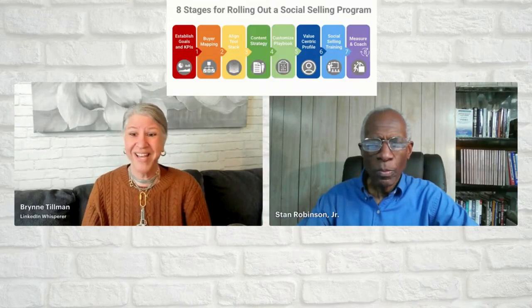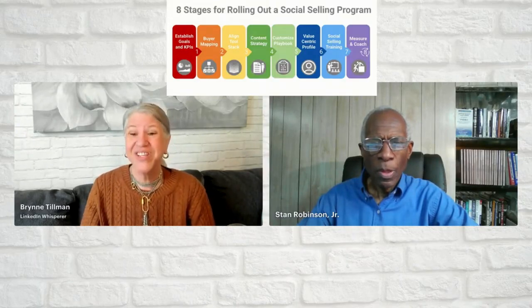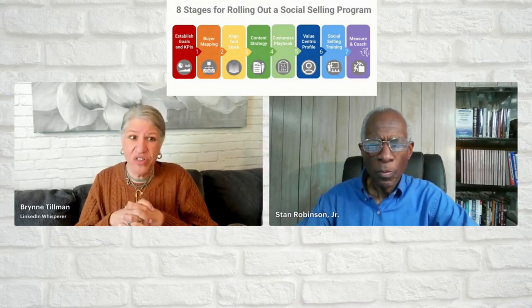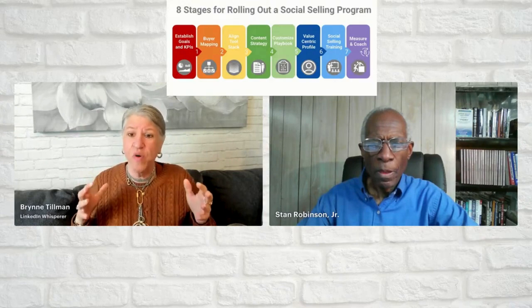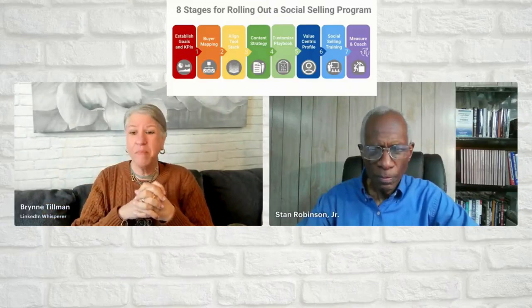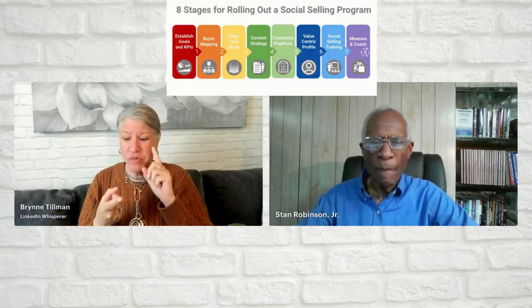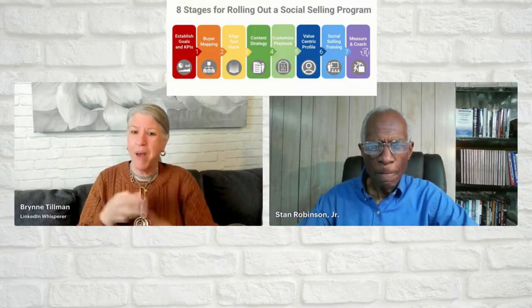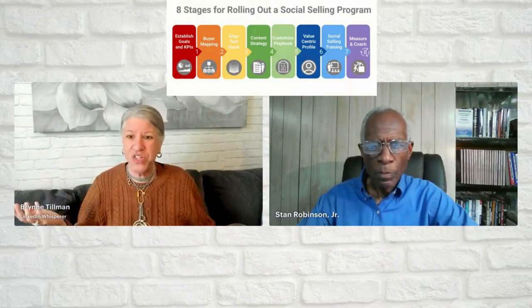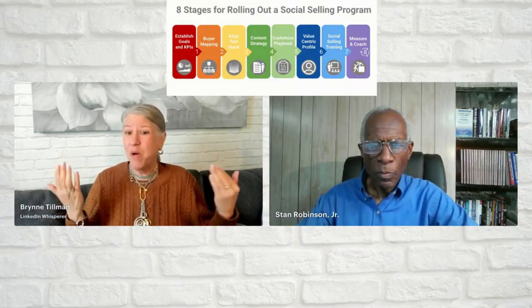So, as we're getting started, the first one is establishing goals and KPIs. So, this is really important. When we talk with sales leaders, so many folks have their goals and their KPIs for sales as a whole. They might be measuring outbound email responses, outbound calls, how many appointments are made, how many appointments are kept.